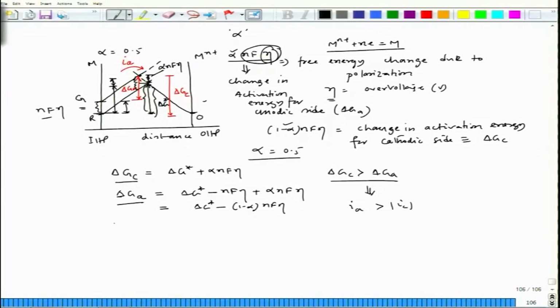Now, there could be a situation where alpha is less than 0.5. The situation can be predicted in this fashion. This is also, let us say, distance, this is OHP and this is IHP. Now, initially I have a situation like this.